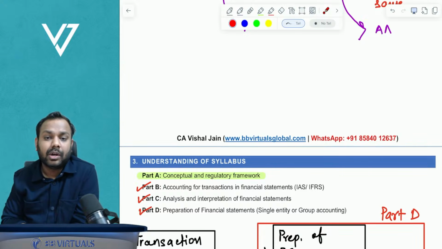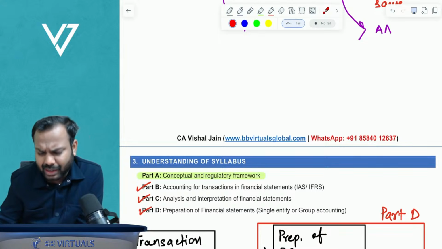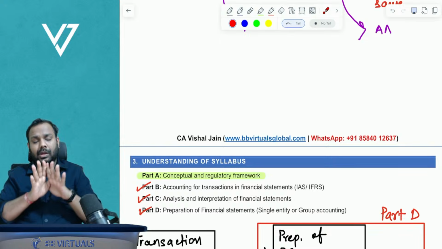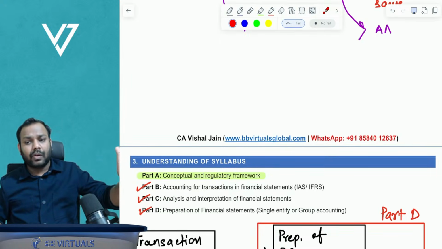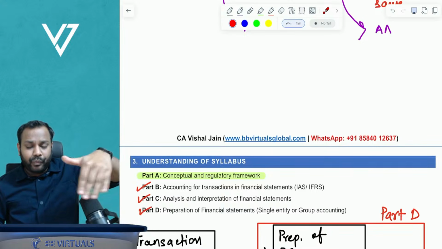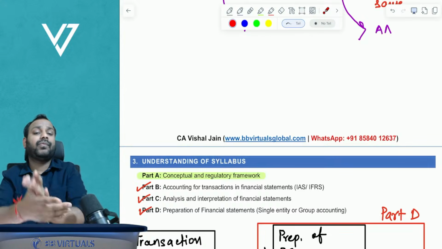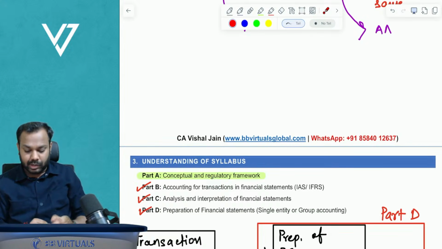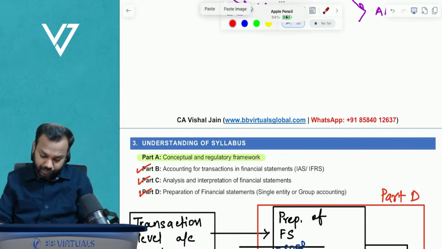If I have to tell you in a nutshell, wherever IAS or IFRS fails to give the accounting treatment, the conceptual framework helps us. Okay, so this is what Part A of the conceptual framework is.